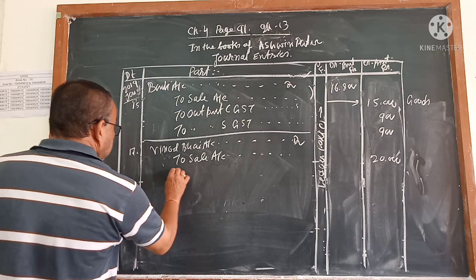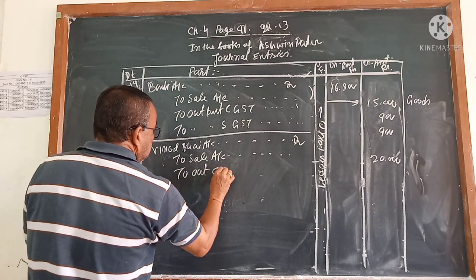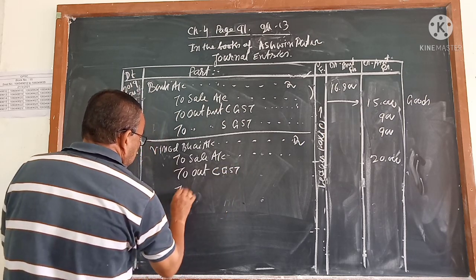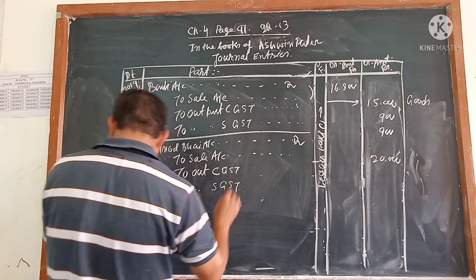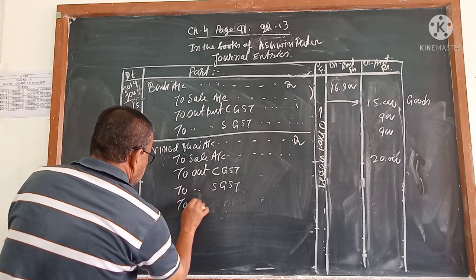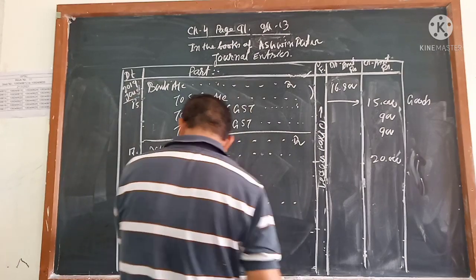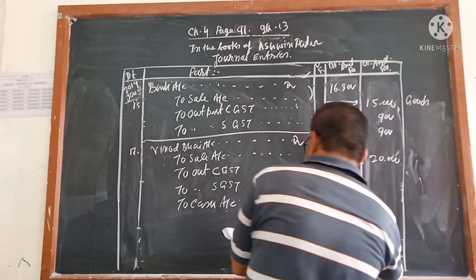Then to output central GST and to output state GST, correct, and to cash. Cash means on behalf of him you paid the amount.